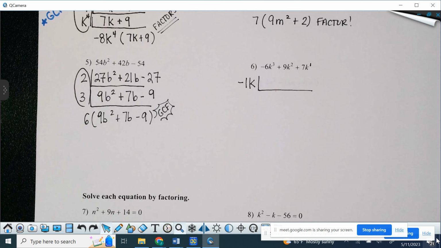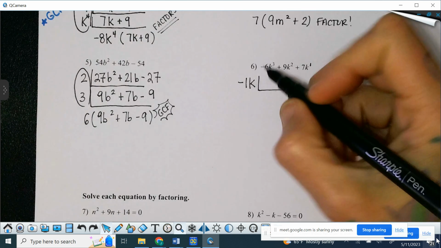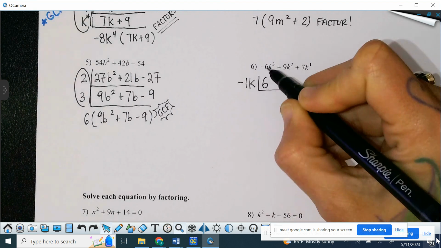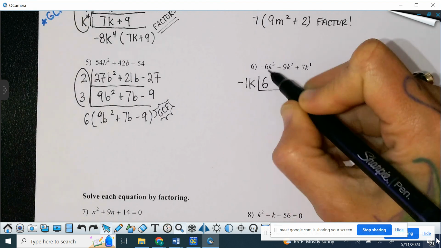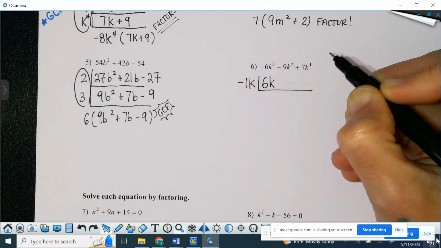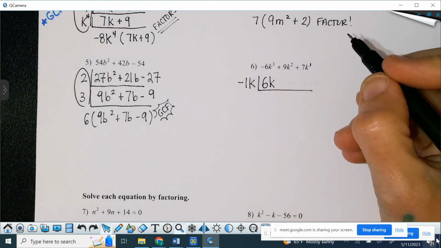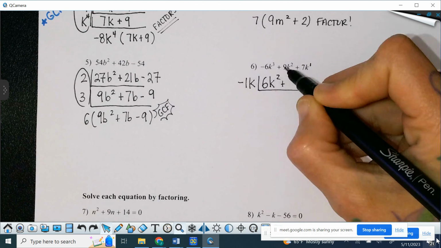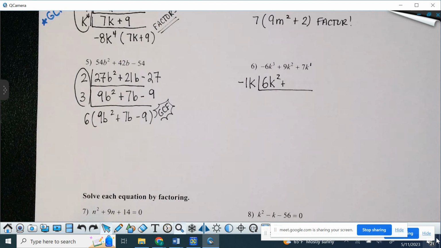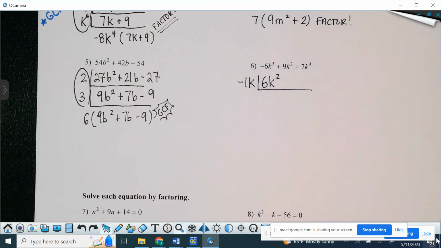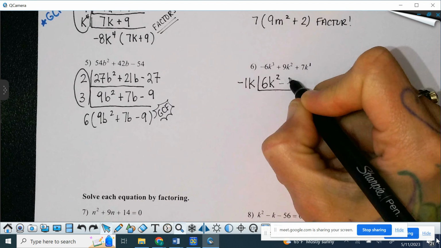So -1k means this 6 is going to turn into a +6 because -1 times 6 gives me the -6. I have 3 k's and I pulled 1 out, so how many k's do I have left? 2. Good. That -1's pulled out. So to make that 9 a positive, we're going to have a -9 in the middle because -1 times -9 gives me +9.